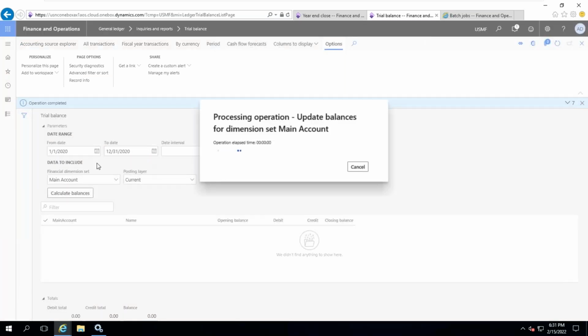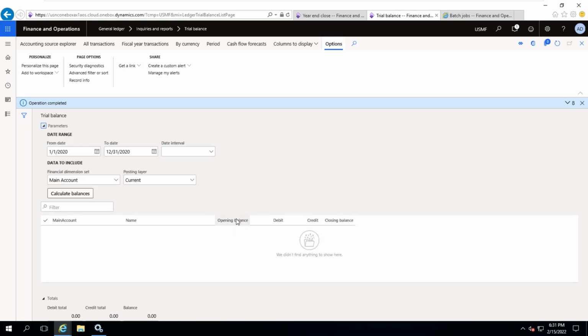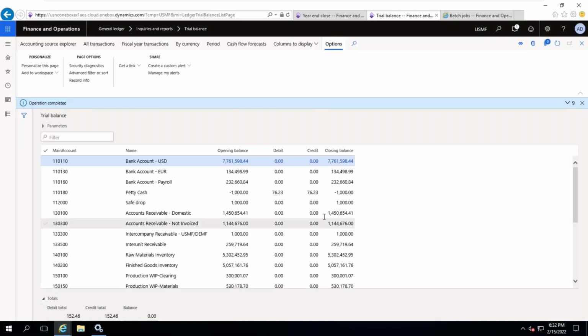In your system, I think 2016 balances may exist, and 2017 balances may not exist. I mean you need to verify the opening balance field. If it is 2019, it is showing balances. If you verify, 2019 balances are there: opening balances, debits and credits, closing balances.